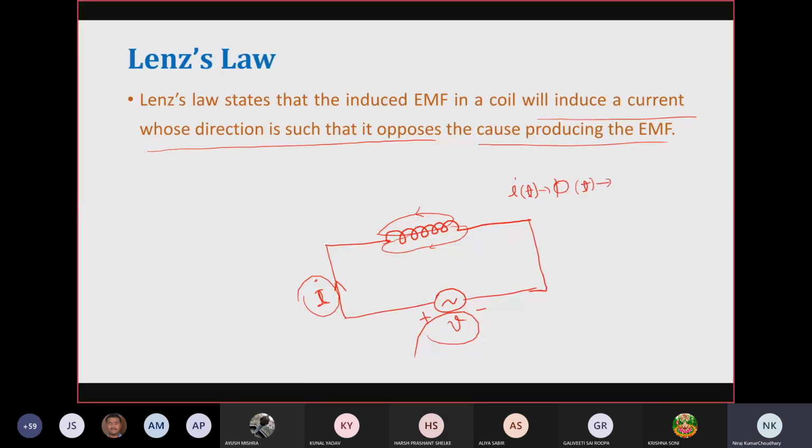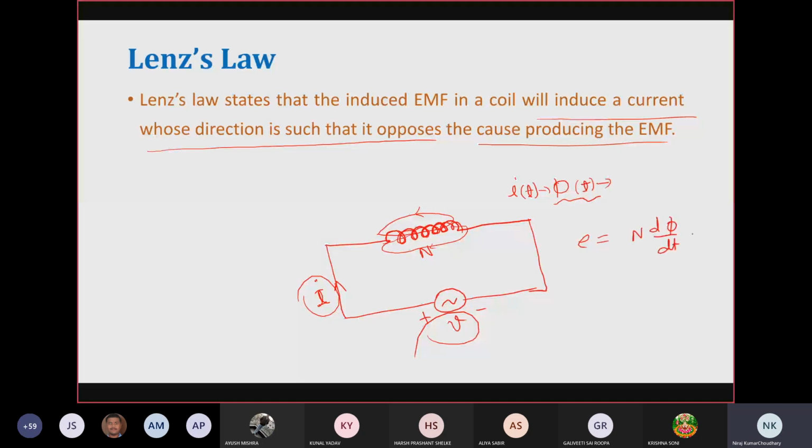So when the flux is time varying, there will be a rate of change of flux in this coil or conductor. Suppose there are n number of turns in this coil. Due to Faraday's law of electromagnetic induction, when the rate of change of flux is there through this coil, EMF will be induced, n d phi by dt.